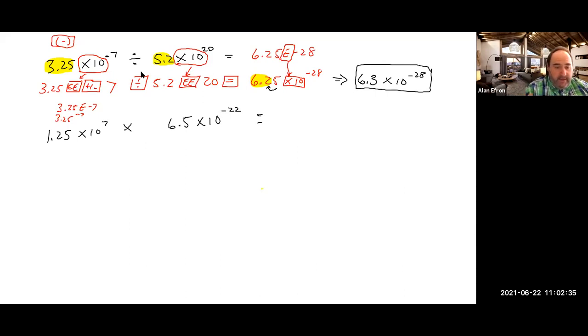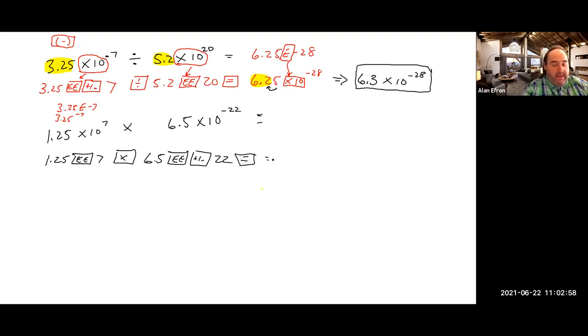Now, putting the bottom one in the same way, we would do 1.25. I would hit my exponent button, I would hit 7. I would then hit the multiplication button, and then 6.5, exponent button, negative button, and 22 and the equals button.